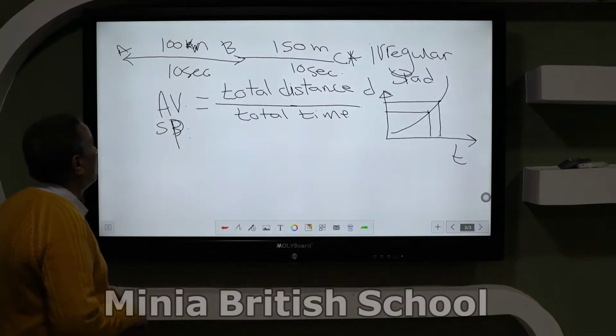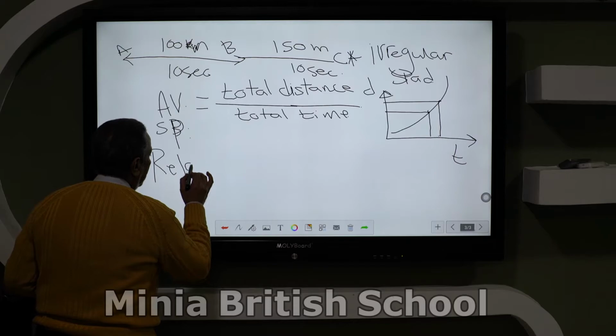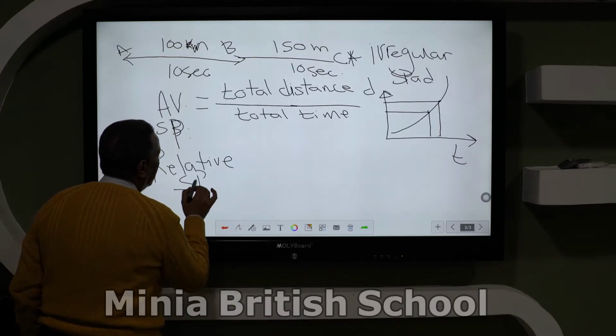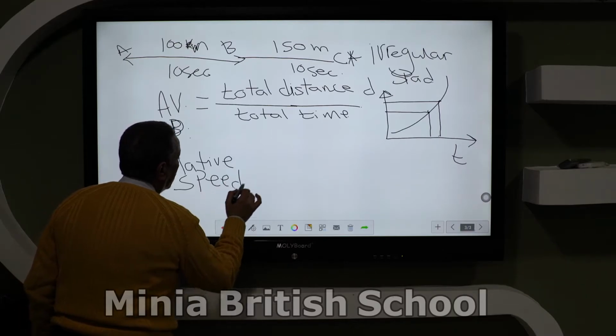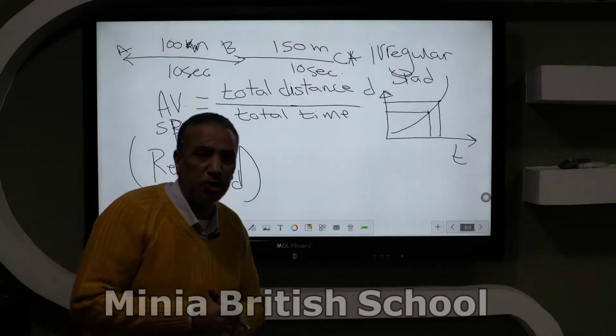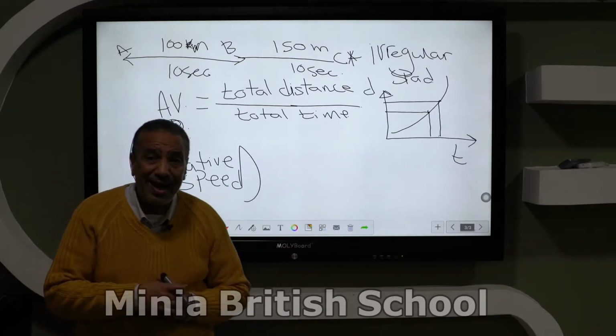The last type of speed is called the relative speed. This is a kind of relative, meaning it will be different from one person to another, but it has conditions.